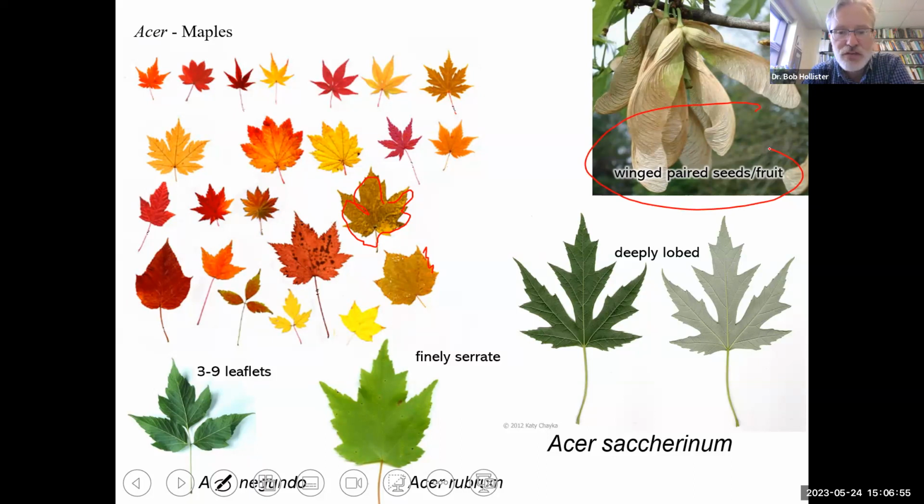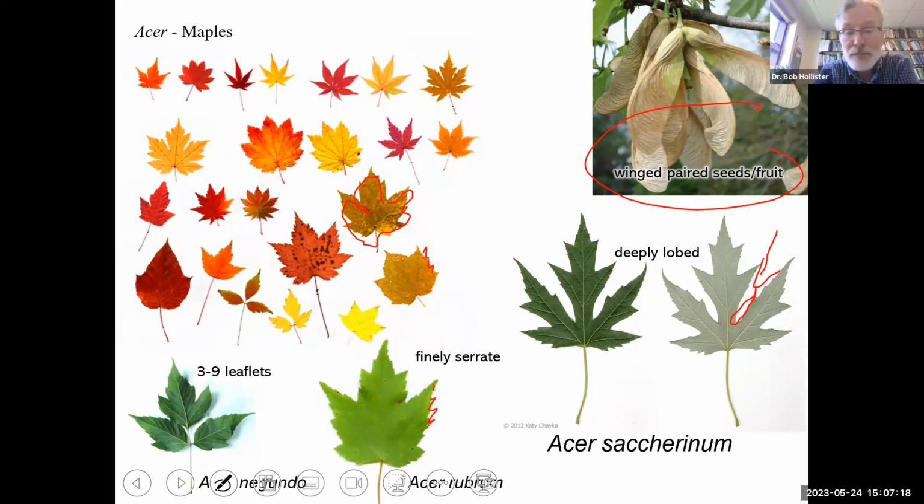And then the three that are the most common in wetlands are our true facultative wetland plant, the silver maple here, which is super deeply lobed. I commonly will also find red maple, which has got the serrate. So that's the defining characteristic.